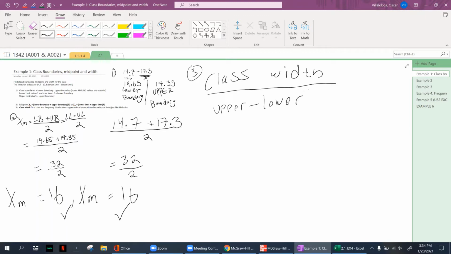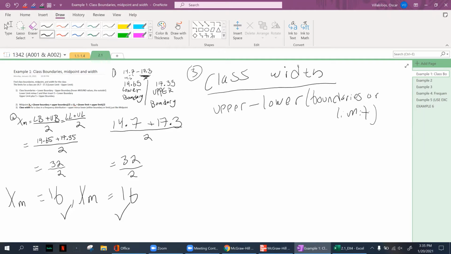And you can use either the boundaries or the limits.